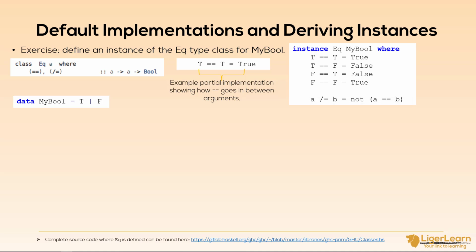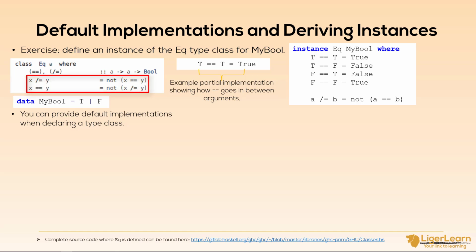This leads us on to our next topic, default implementations. You can actually provide default implementations of functions when declaring a type class. And if we look at the rest of the definition of the EQ type class, we can see it in action. Here, we can see that not equals has a default implementation defined in terms of equals, and equals has a default implementation defined in terms of not equals.